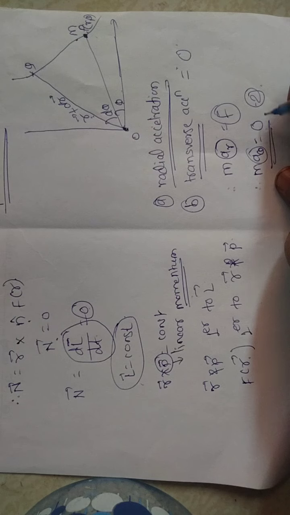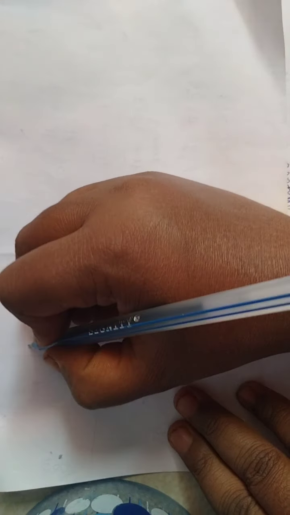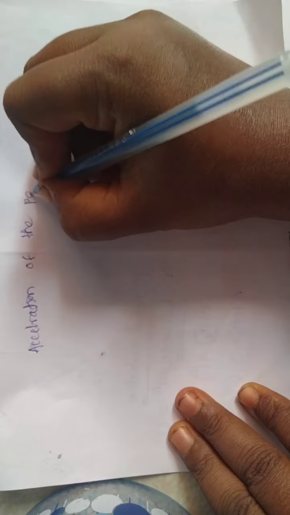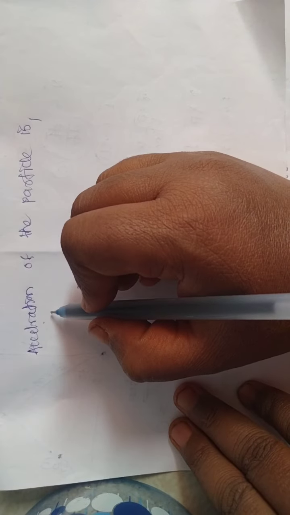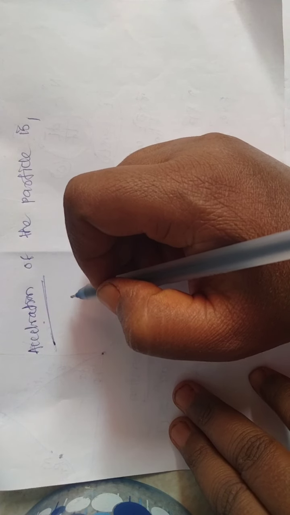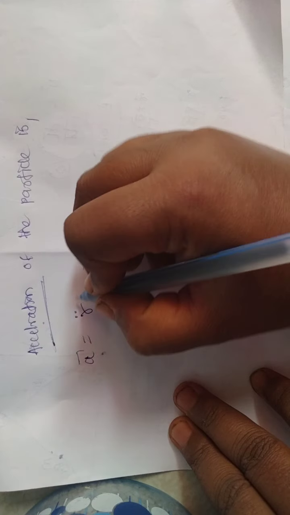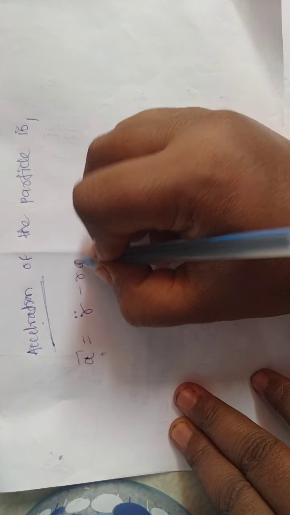Hence the acceleration of the particle, because the particle is in motion, we will calculate: a bar is equal to r double dot minus r theta dot square.